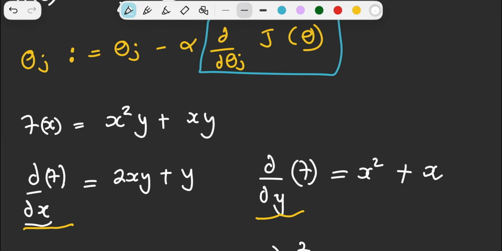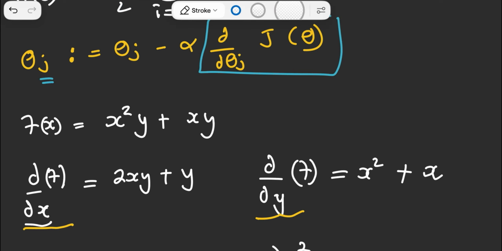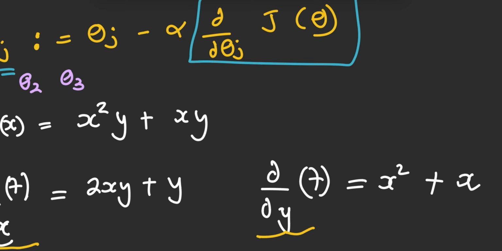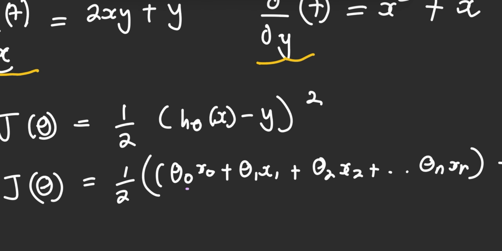So this theta j that you're seeing here, this j refers to either theta 1 or theta 2 or theta 3 or theta 4, etc. So this is basically what this j represents, right? What theta value are you talking about in this example? We can see that here I have theta 0, theta 1, theta 2, theta n. So when I say the partial derivative of J of theta with respect to theta j, what do you think that means?